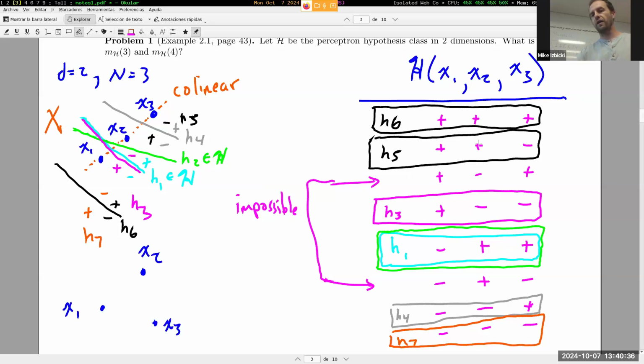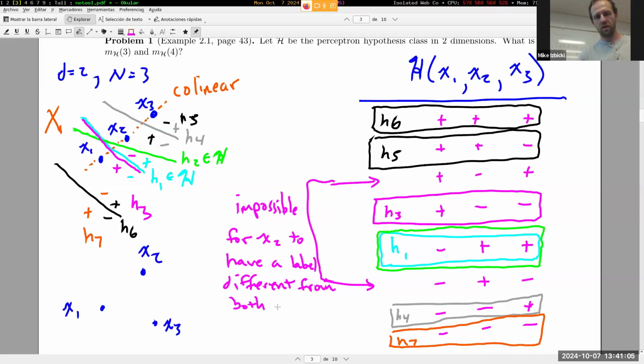Impossible to have the X2 data point have a label different from both X1 and X3.